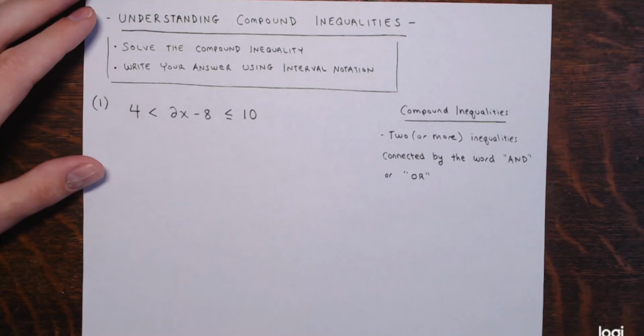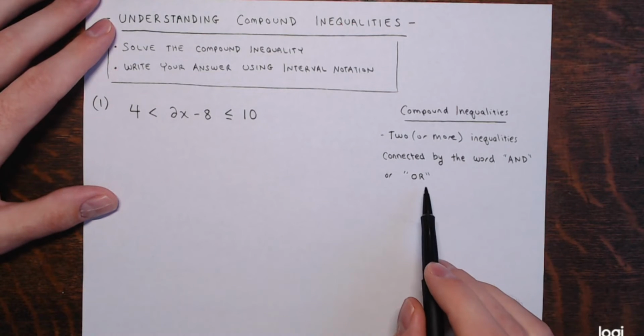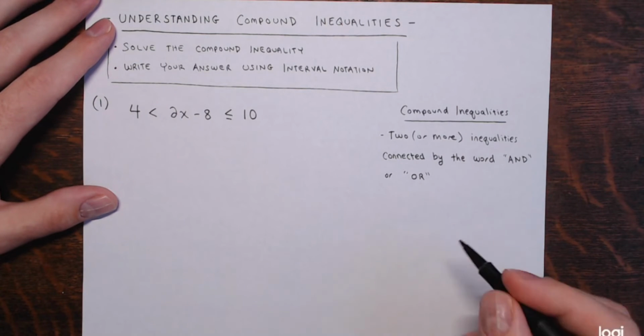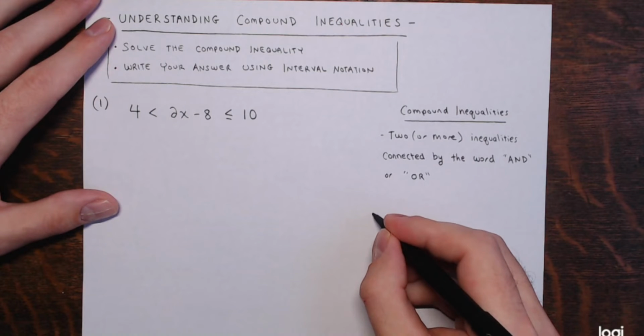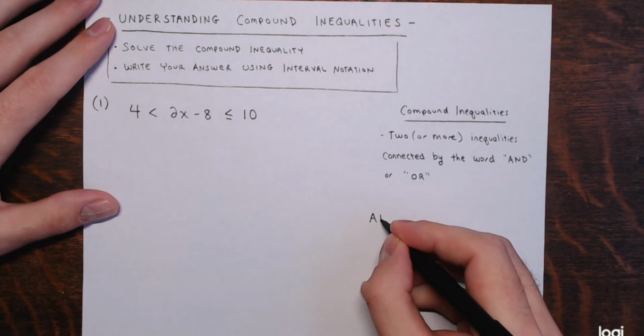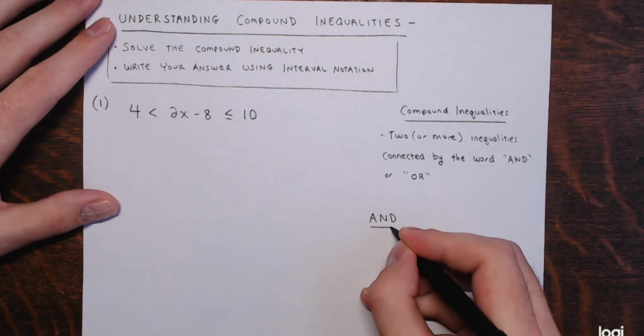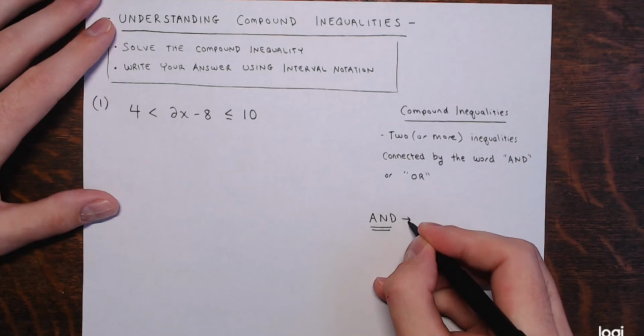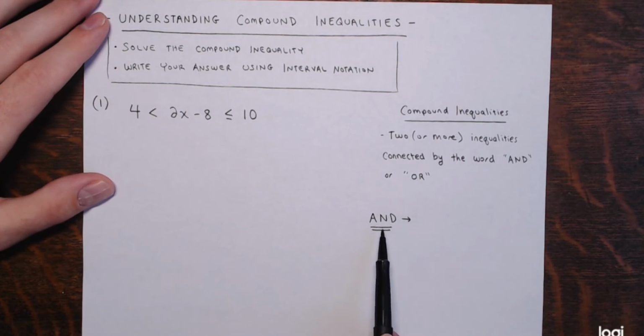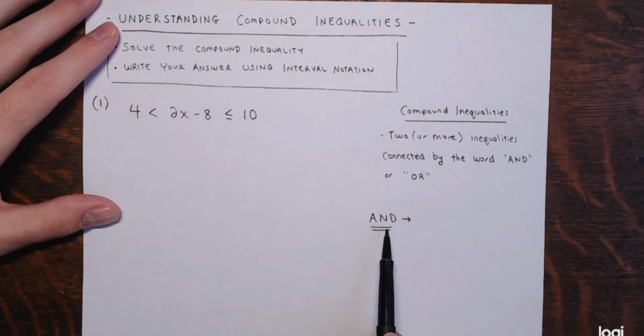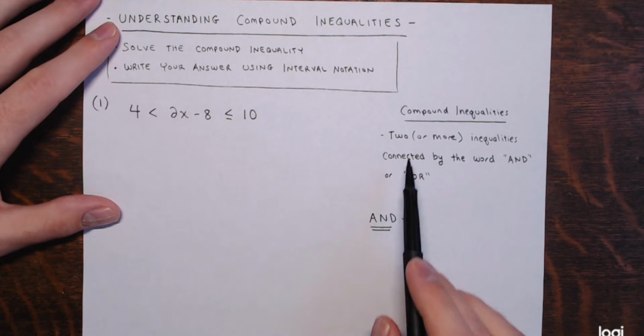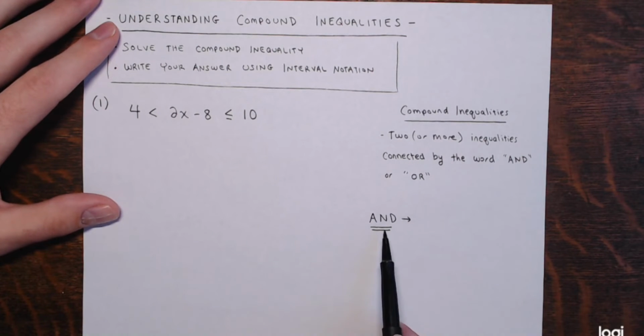Now, these are very different connecting words. In an and inequality, when two inequalities are connected by the word and, a number is only considered a solution of the compound inequality if it satisfies both inequalities at the same time.